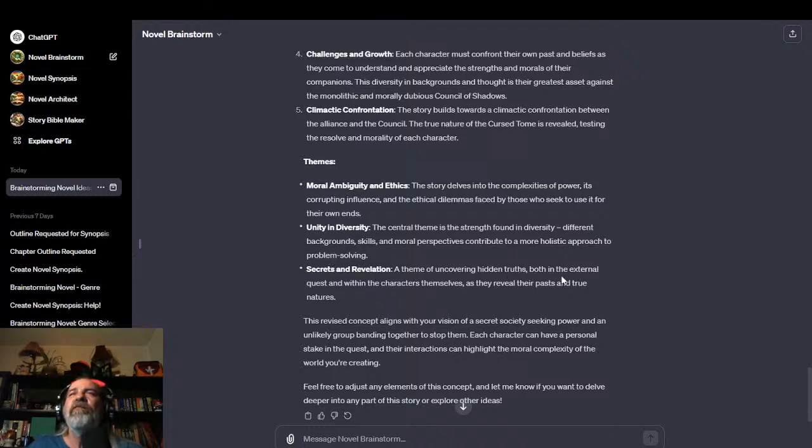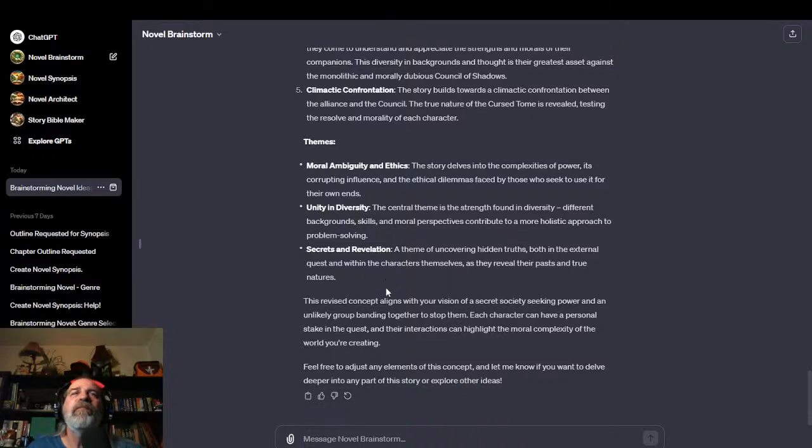A theme of uncovering hidden truths both in the external quest and within the characters themselves as they reveal their pasts and true natures. This revised concept aligns with your vision of a secret society seeking power and an unlikely group banding together to stop them. Each character can have a personal stake in the quest, and their interactions can highlight the moral complexity of the world you're creating. Feel free to adjust any elements of this concept and let me know if you want to delve deeper into any part of this story or explore other ideas.